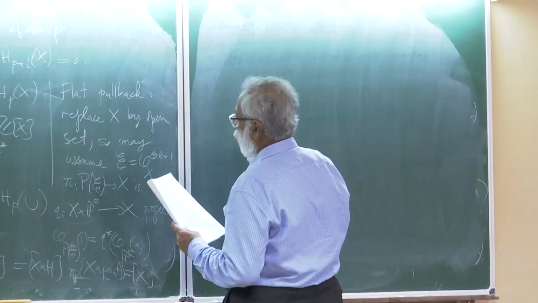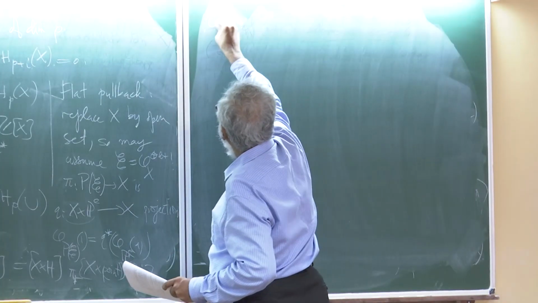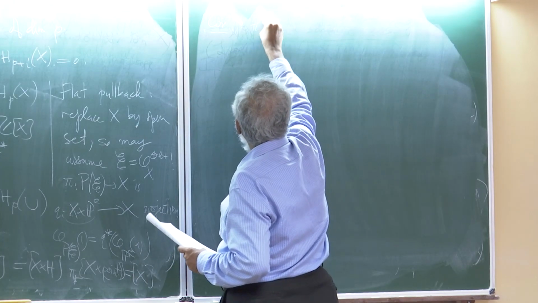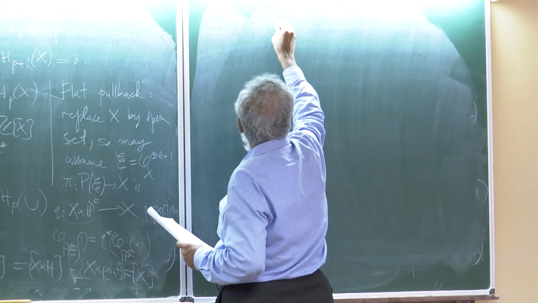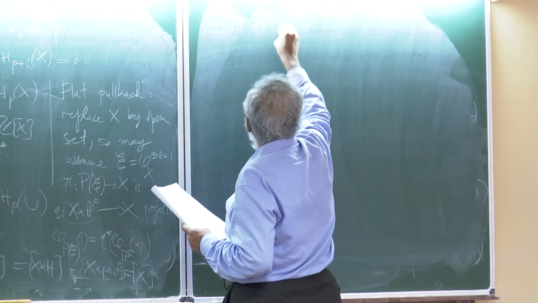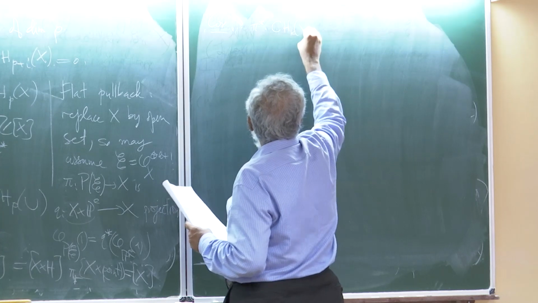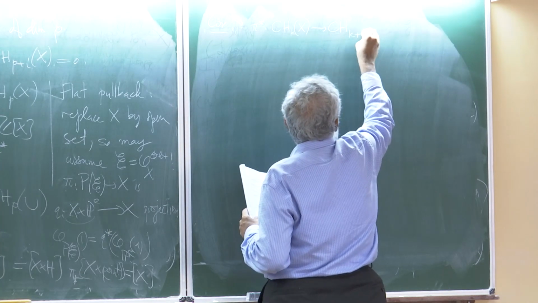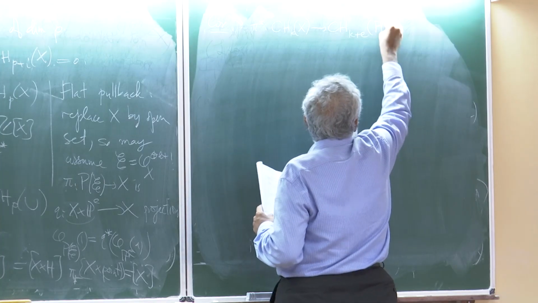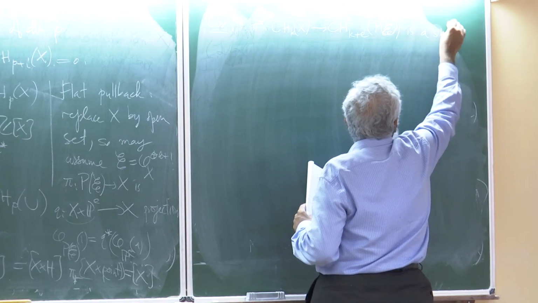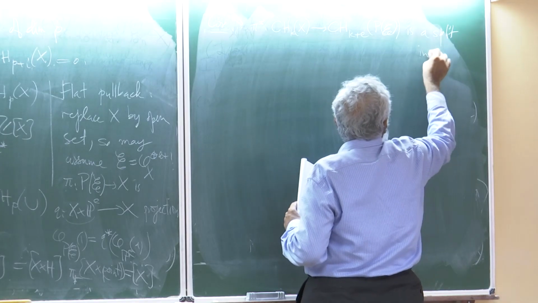Okay. So anyway, as a corollary, pi upper star, Chow k x to Chow k plus e, p e is a split inclusion.